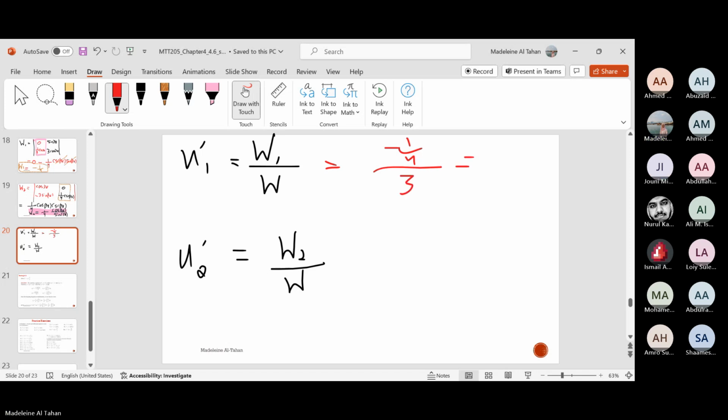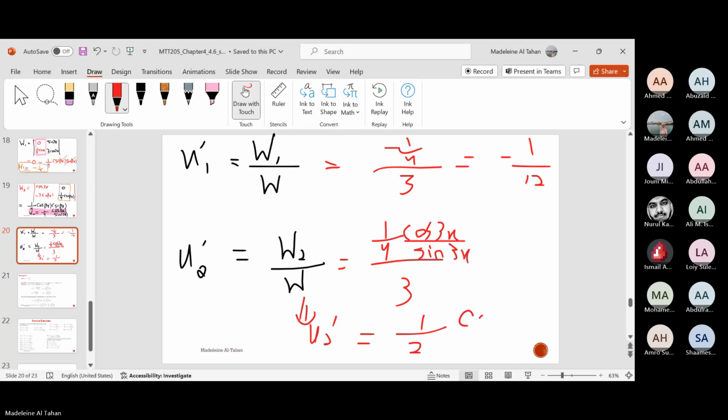Yes. So we will get negative 1 over 12. And W was 3. W2 was 1/4 cosine 3x over sine 3x. We can write it as 1/12 cosine 3x over sine 3x.